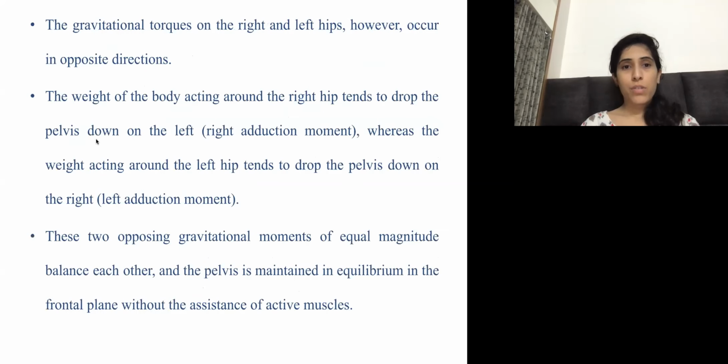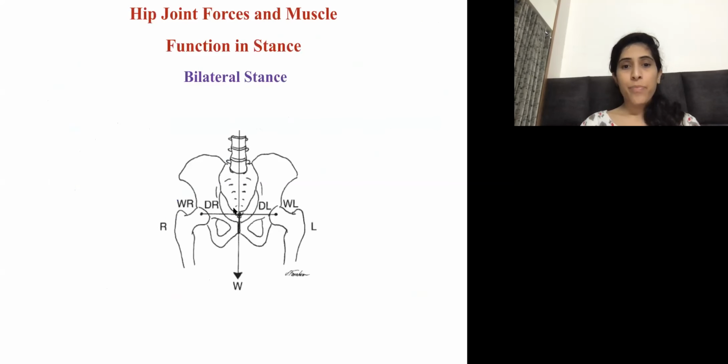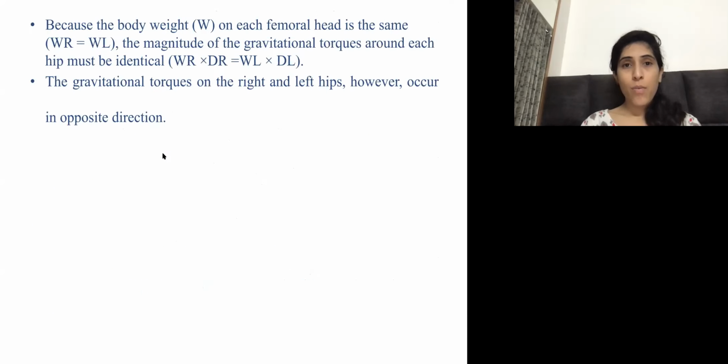So here in this figure, you can see that the LOG is passing through our body, and the distance from the LOG to the midpoint of the joint axis, or we can say the center of the joint axis, is called the moment arm. So the right side moment is equal to the left side moment, if equal weight is distributed on both sides.